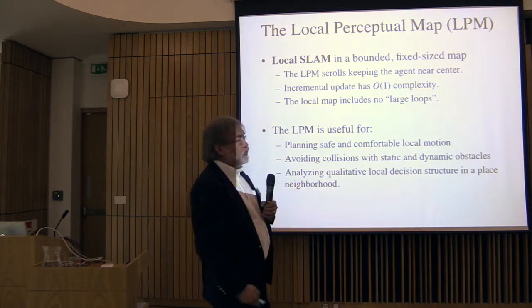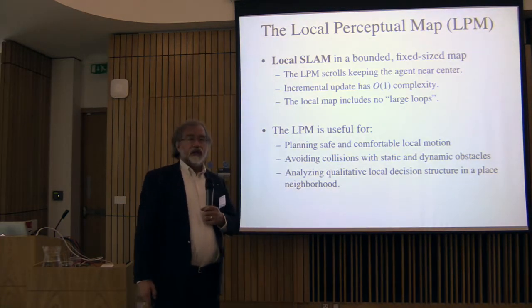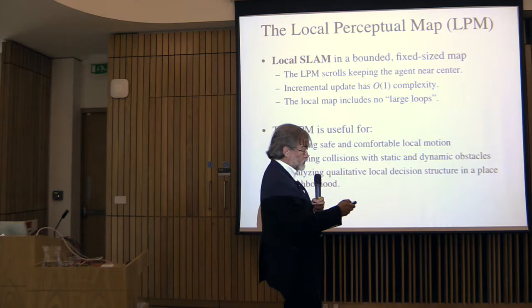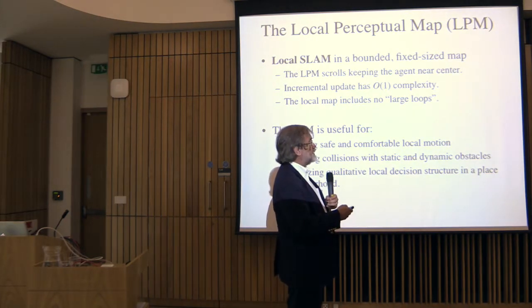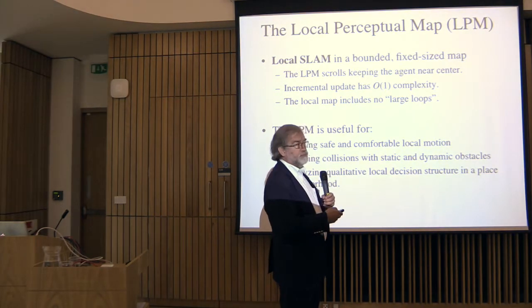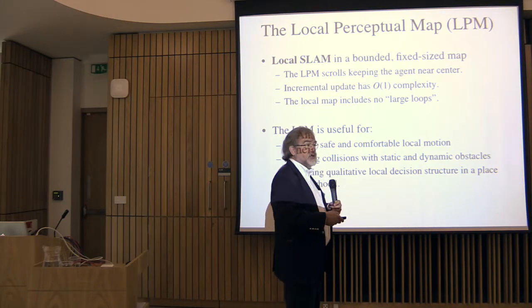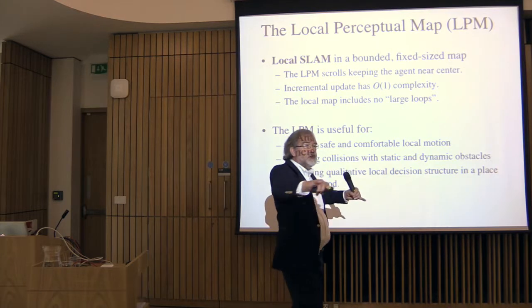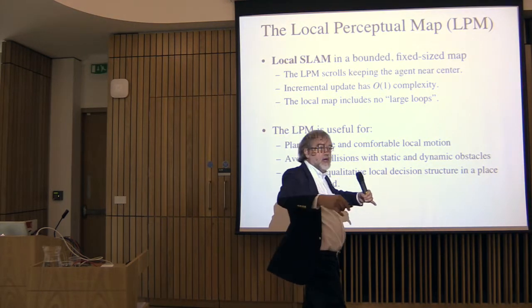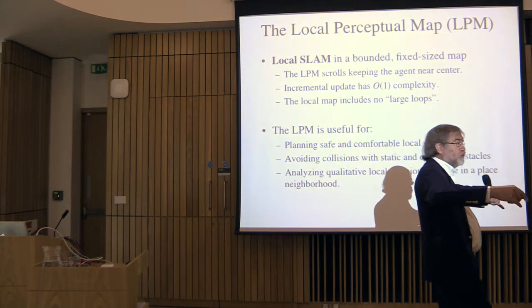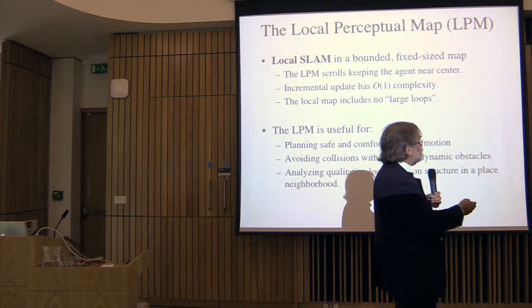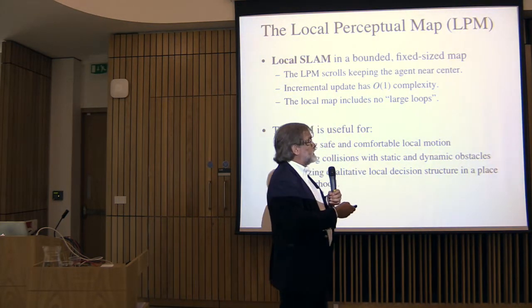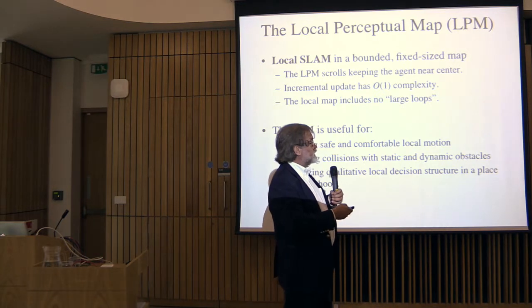Now, what we do in our robot is to start by building what we call a local perceptual map, which is local SLAM, no large loops. The robot maintains a bounded fixed size map around itself, which scrolls with it as the robot moves, keeping the agent near the center.